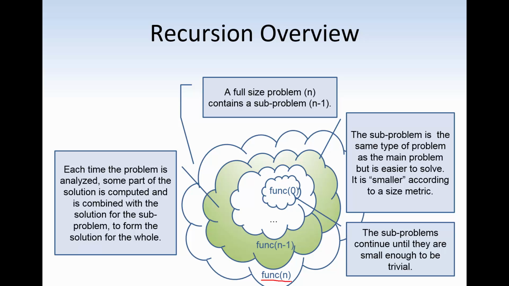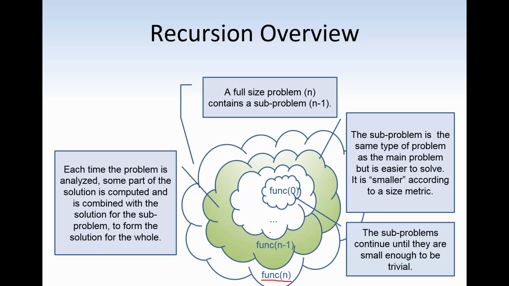It's still a factorial. If that's the case, I can view that subproblem as having a sub-subproblem. So picture this inner white cloud, the third one down. My inner problem has another problem inside of it, and that repeats recursively again and again. I have problems inside of problems inside of problems.